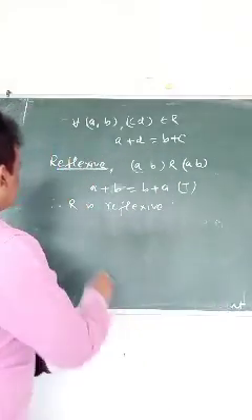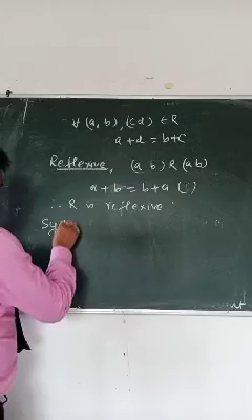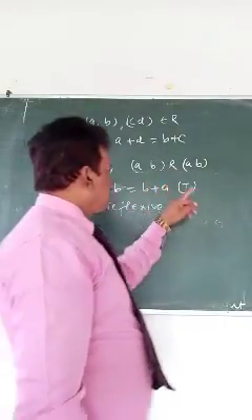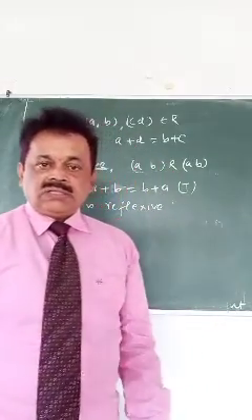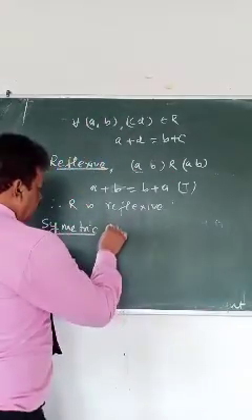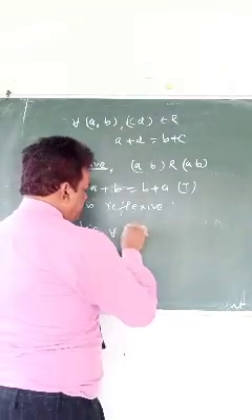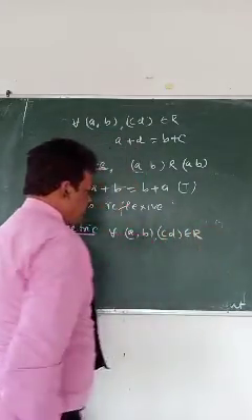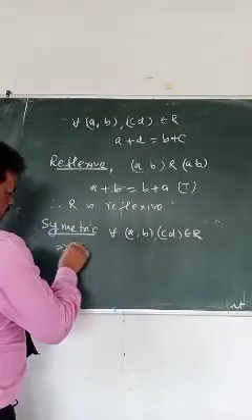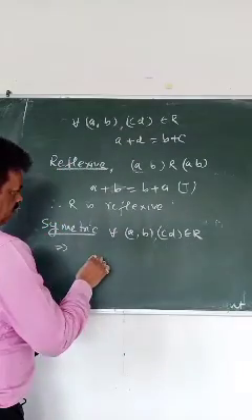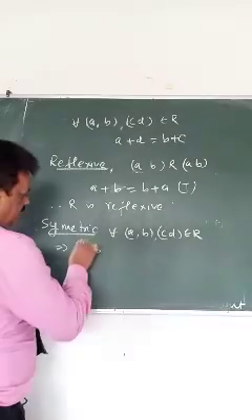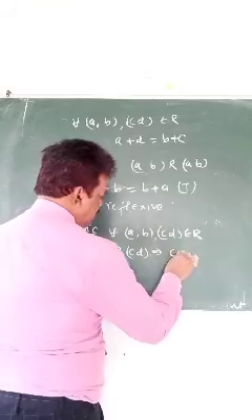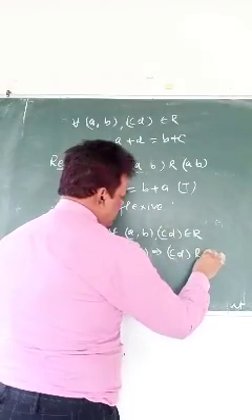Okay. Then what is symmetric? So for symmetric, you will take pair of elements. AB is one pair, you have to take other pair. For all AB, CD belongs to R, AB relates CD implies CD relates AB.